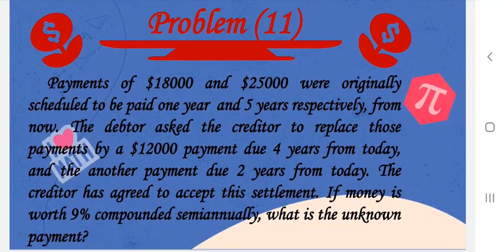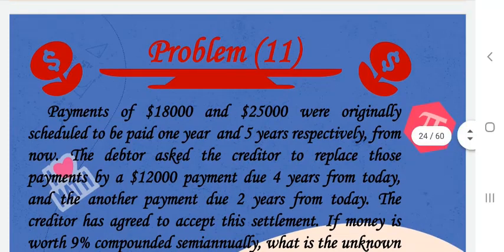Another problem. Problem number 11. Payments of $18,000 and $25,000 were originally scheduled to be paid in 1 year and 5 years respectively from now.